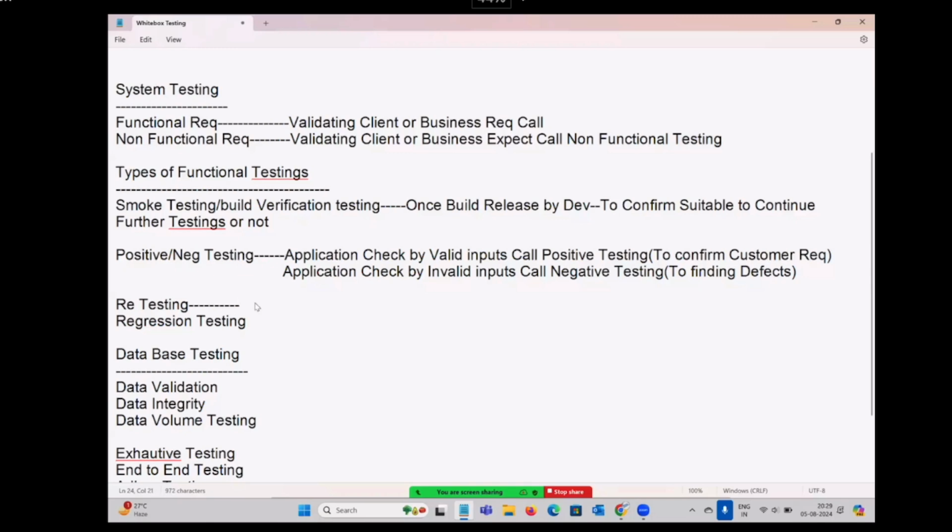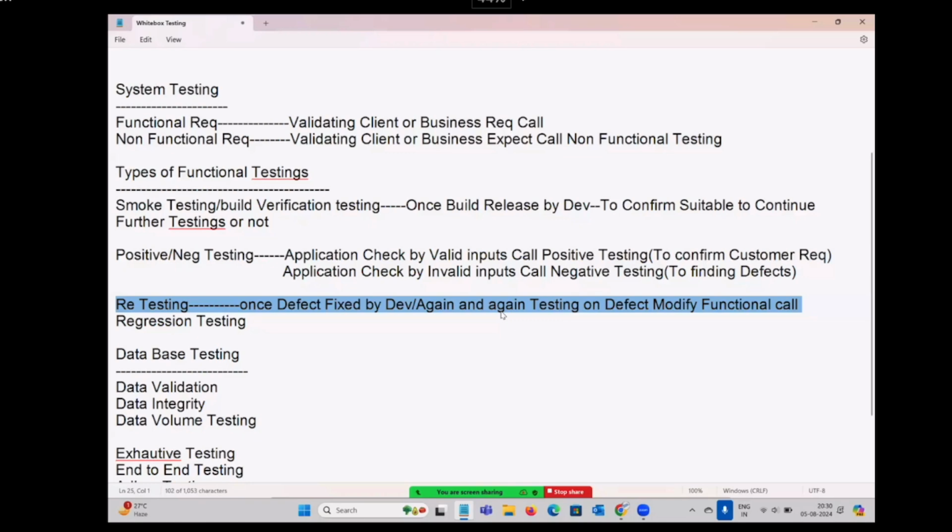Once defect fixed by developer, again and again testing on defect modified functionality, nothing but called retesting. Once defect is fixed by developer, again testing on defect modified functionality is called retesting.